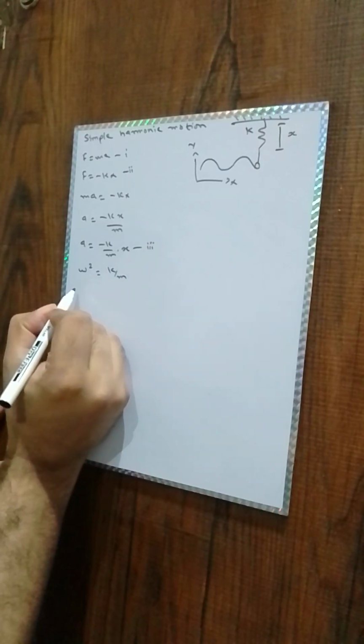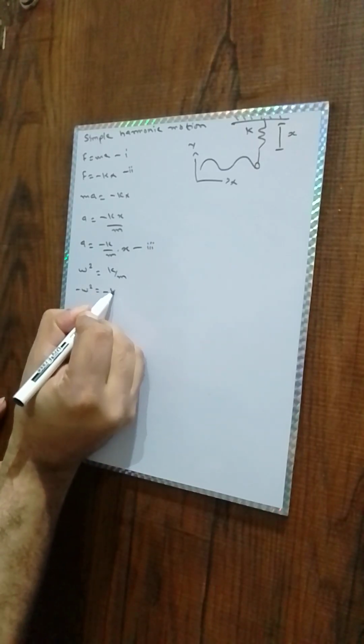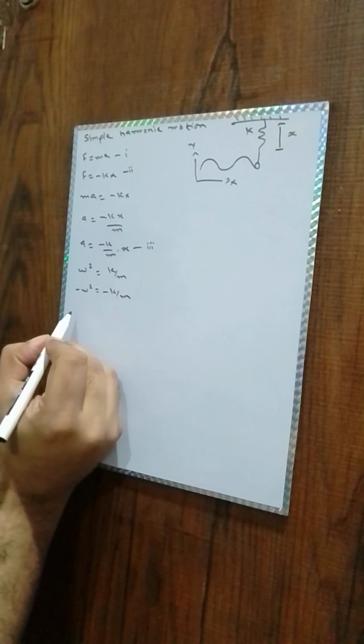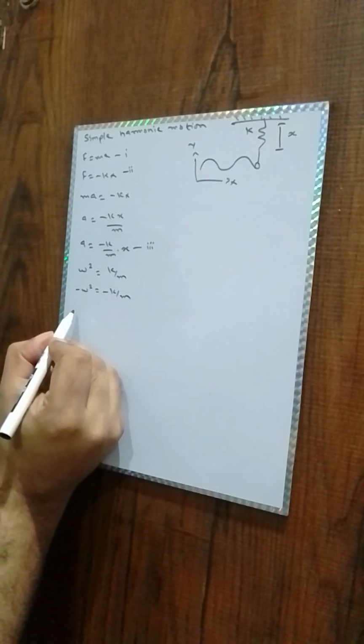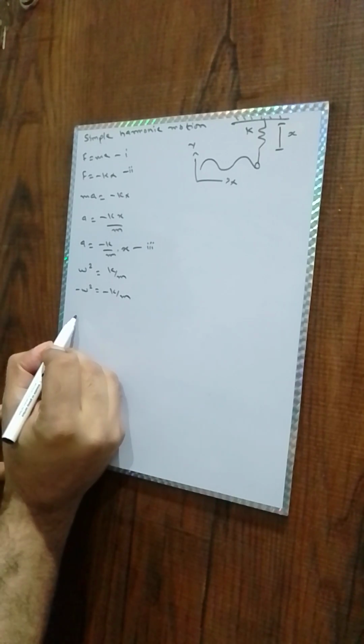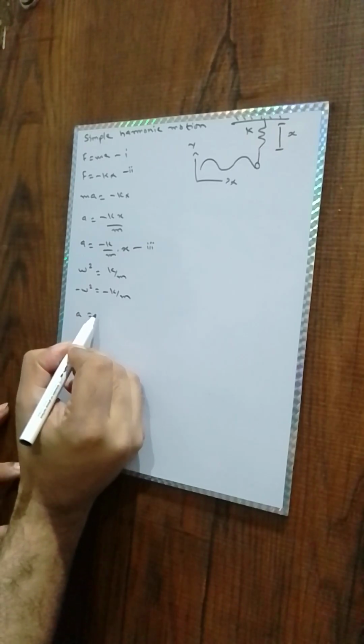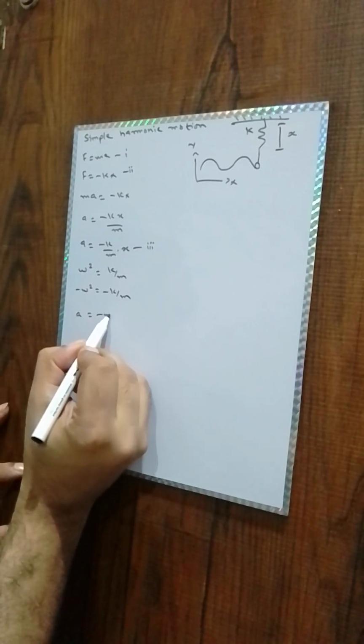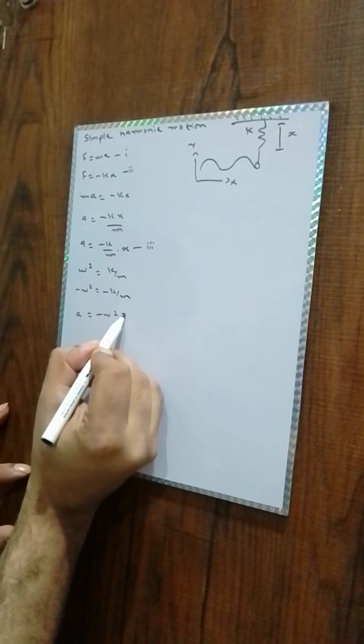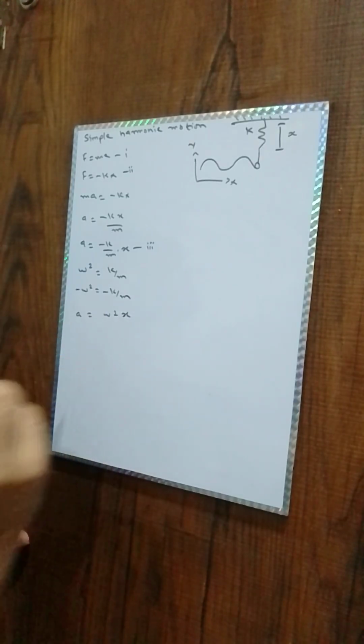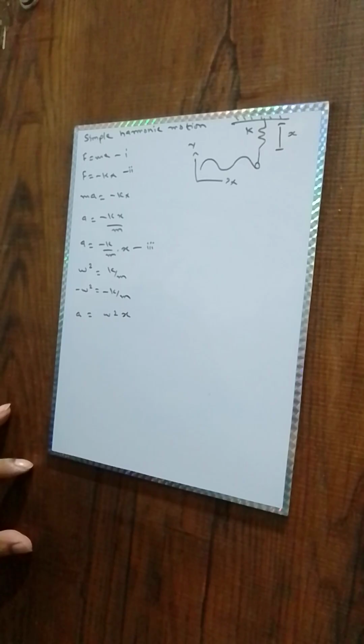So minus omega square would be minus k by m. So we can substitute in the form for a, which says a is equal to minus omega square x, rather omega square x, because the minus sign cancels out.